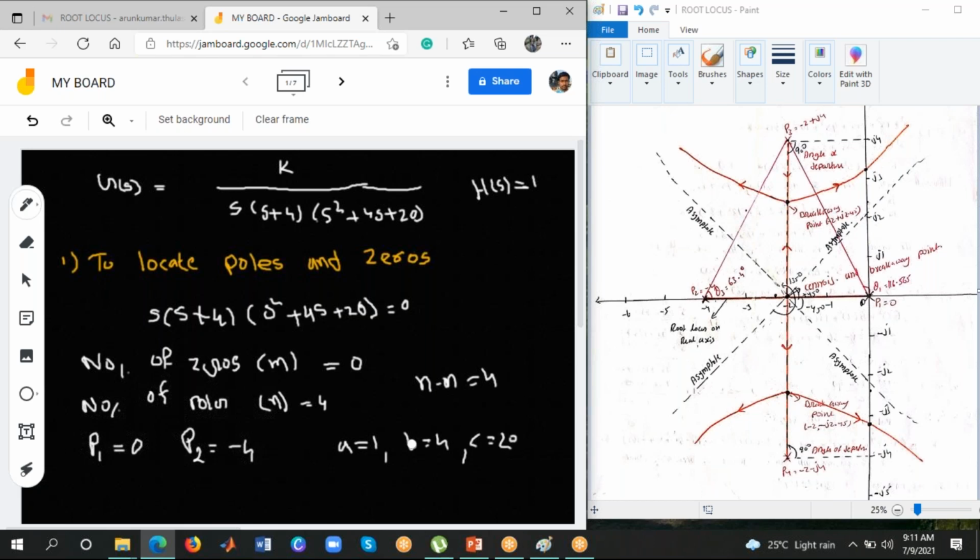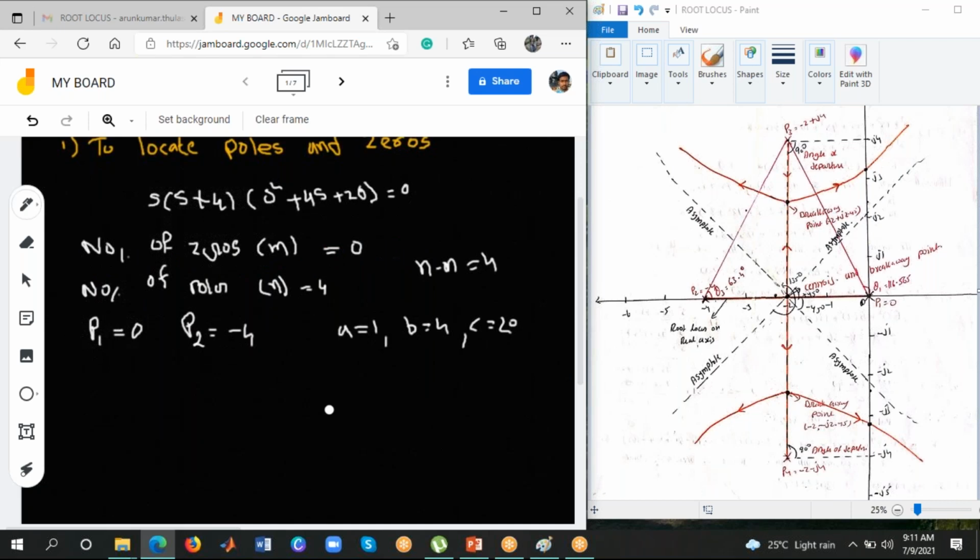Now we are going to find the remaining two roots, P3 and P4, equals minus b plus or minus square root of b square minus 4ac by 2a.